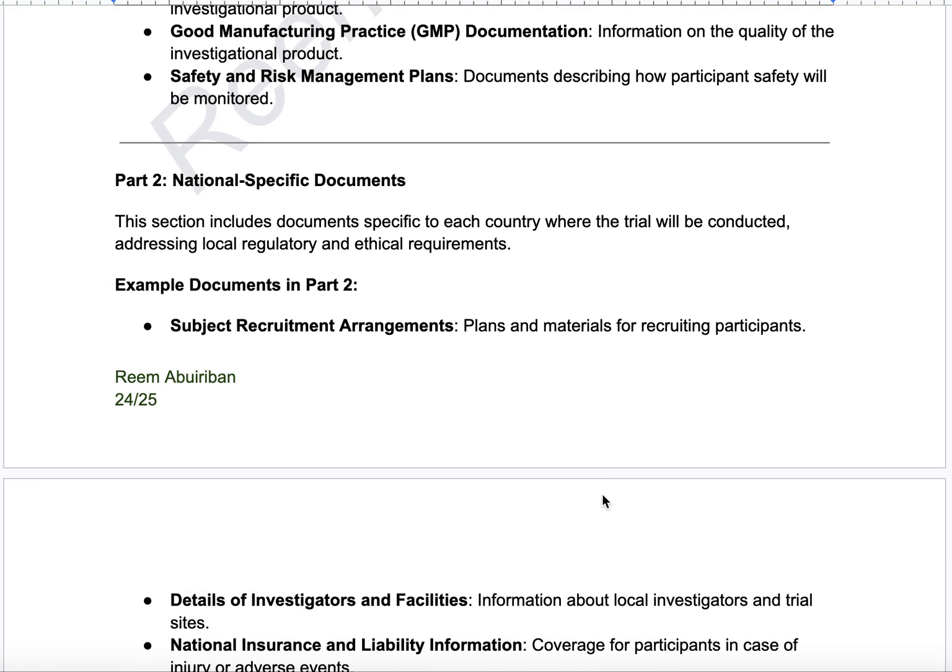The other part is national specific documents. This section includes documents specific to each country where the trial will be conducted, addressing local regulatory and ethical requirements.